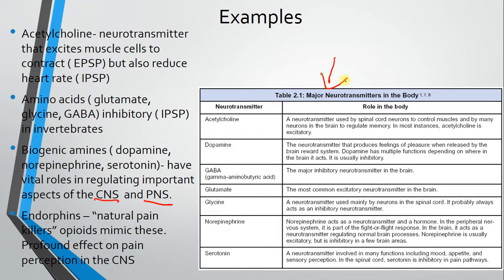Here in this table, I have some examples of neurotransmitters. So 1, 2, 3, 4, 5, 6, 7, and some of their roles.